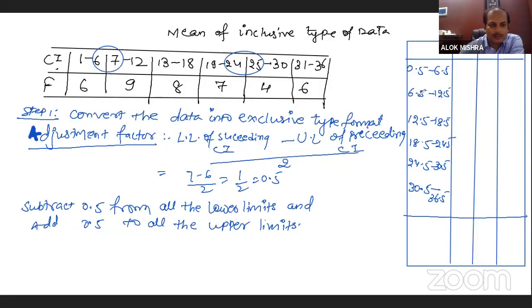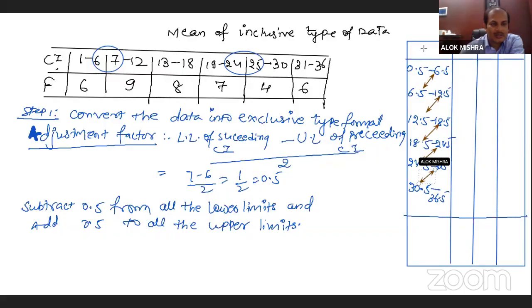Now, if you observe, once we have done this, all the diagonal values are equal. You can see this. So, from the inclusive type, it has got converted to exclusive type. And once you are onto this particular part, rest all the calculations are same.